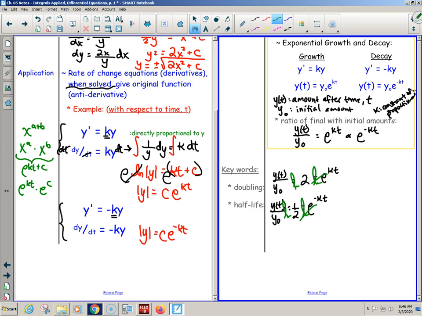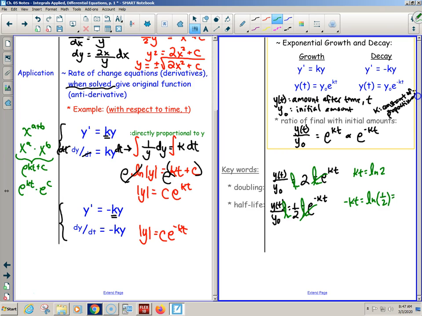I did. The equals is supposed to be somewhere else. That's okay. We can end up with kt is equal to ln of 2, or negative kt is equal to ln of 1/2.